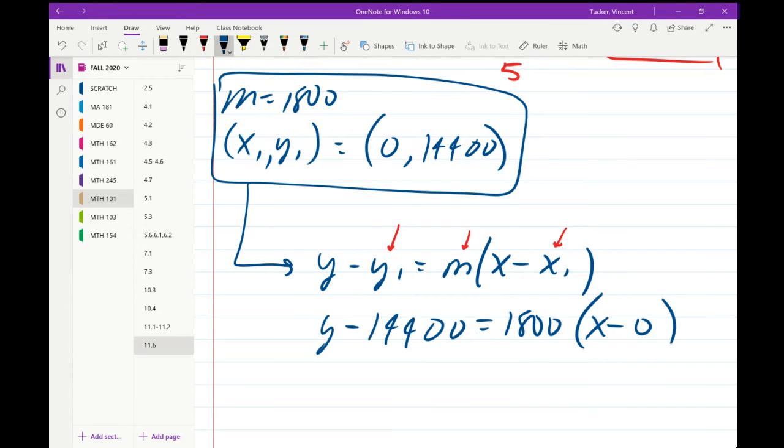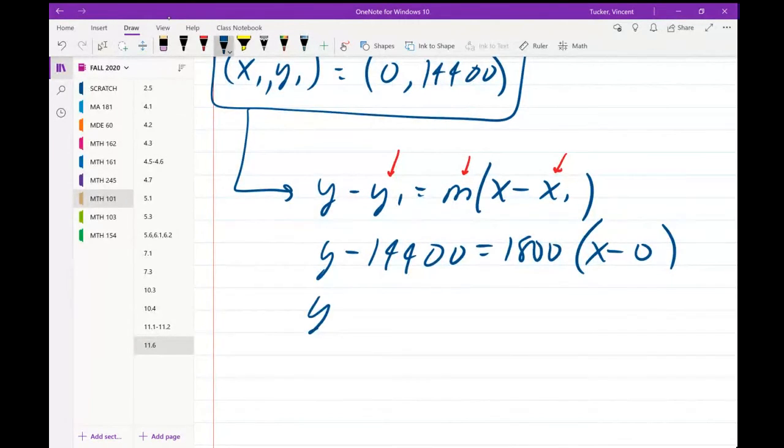Any problems with the substitution? So that's 1,800 times x on the right.